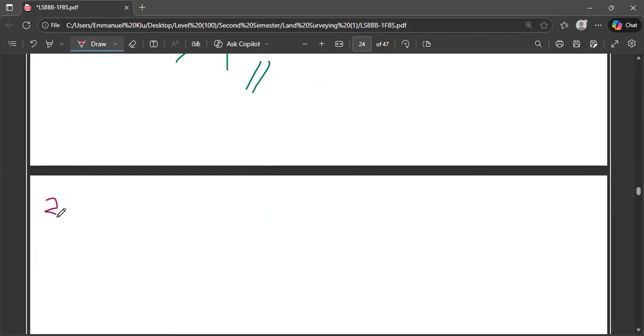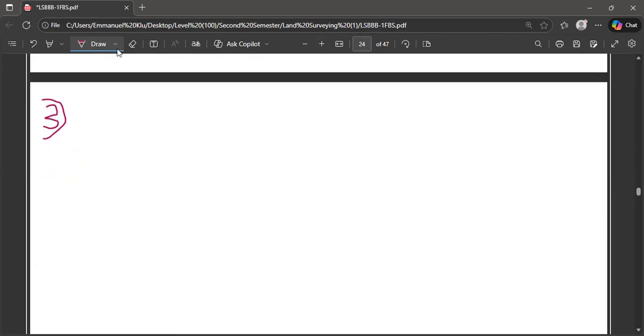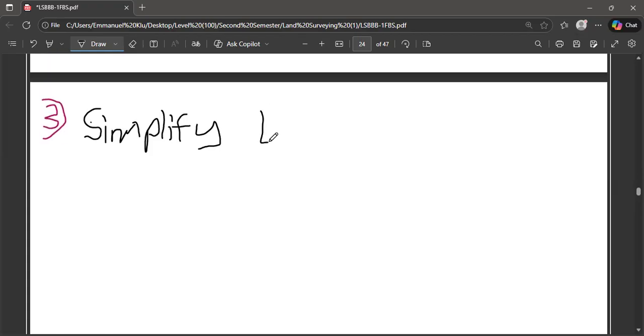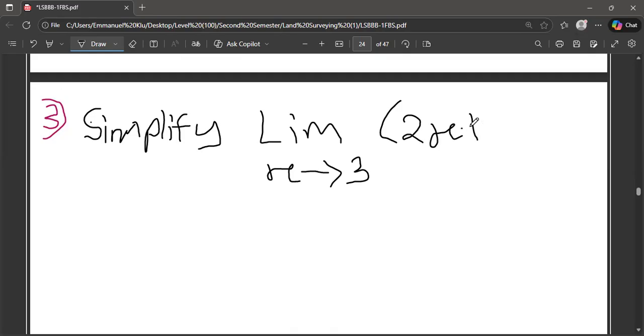So our example 3. Your question is: simplify the limit as x approaches 3 of 2x plus 1.